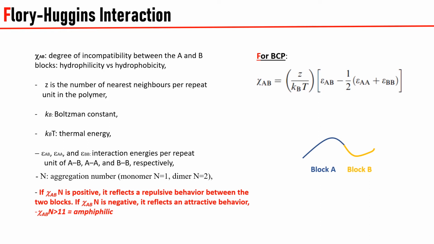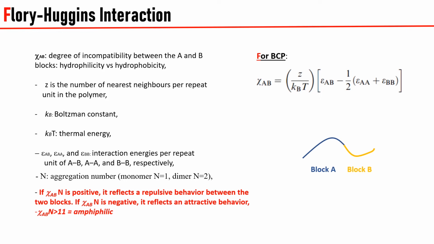The equation for block copolymers is on the right side, where Z is the number of nearest neighbors per repeat unit in the polymer, kB the Boltzmann constant, kBT the thermal energy, epsilon AB, epsilon AA, and epsilon BB represent the interaction energies per repeat unit of AB, AA, and BB, respectively, and N the aggregation number.